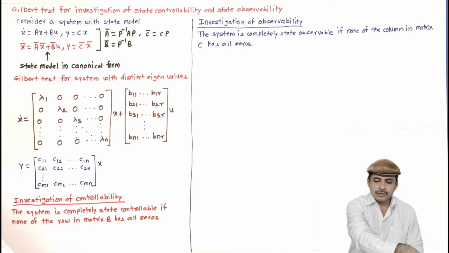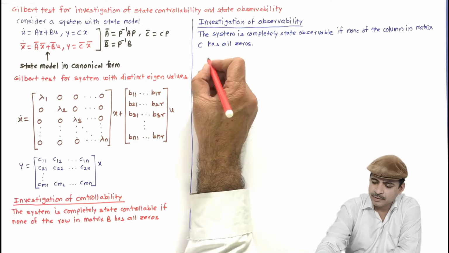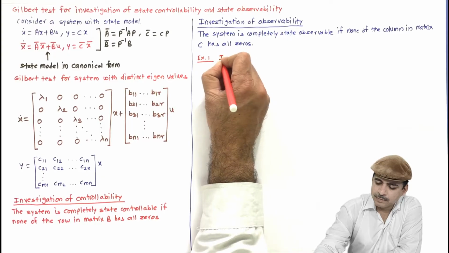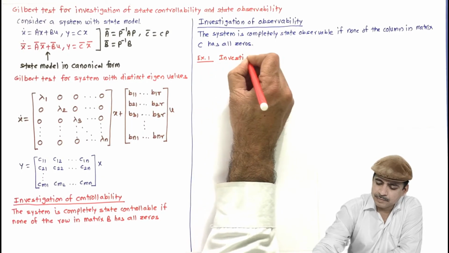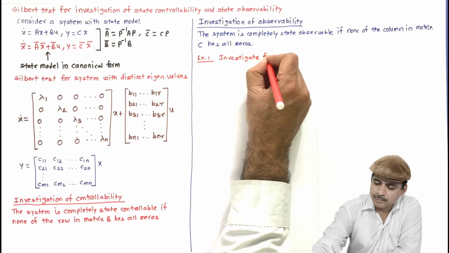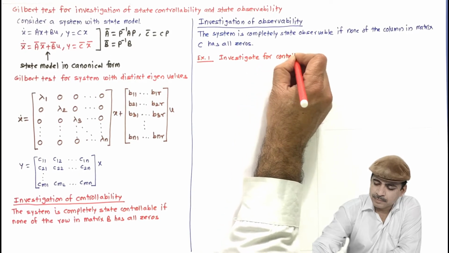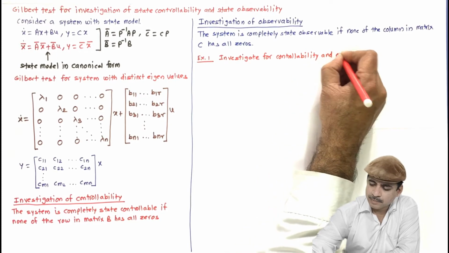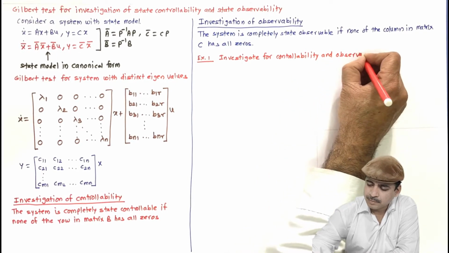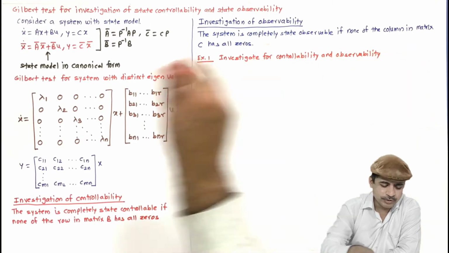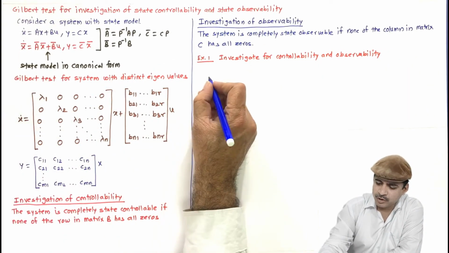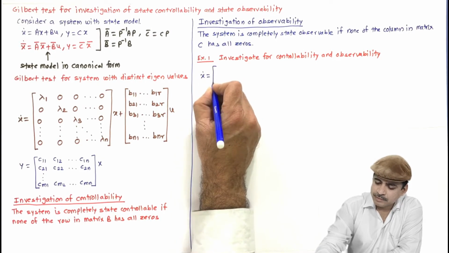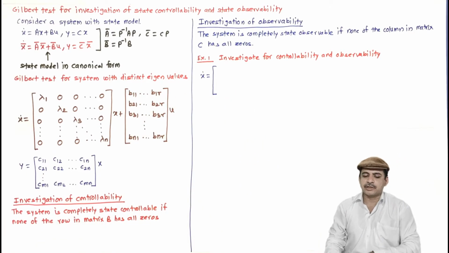Now let us take one example, and using the Gilbert test we will do it. Let us consider a model x dot, where we are tackling the case of distinct eigenvalues.